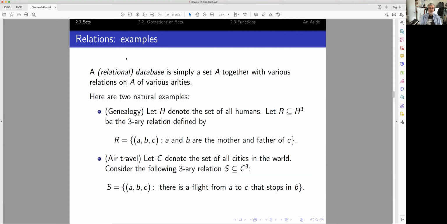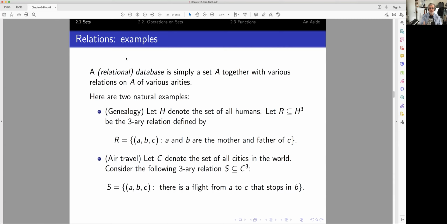So I can define a 3-ary relation R. It's a subset of H times H times H. So these are triples where all the entries are humans, okay? And the relation R would be the following. It's all triples A, B, C, such that A and B are the mother and father of C, all right?